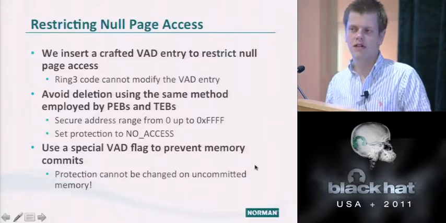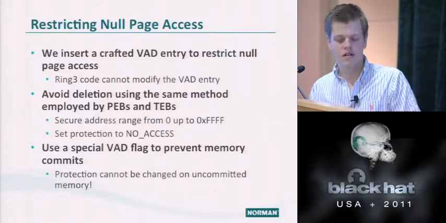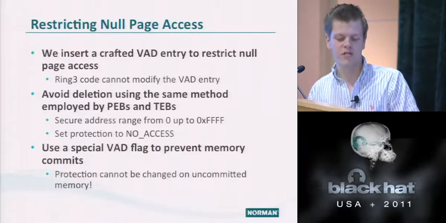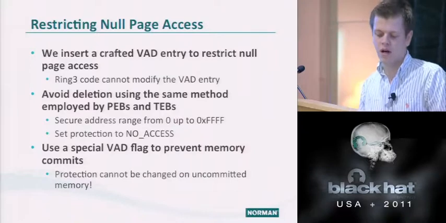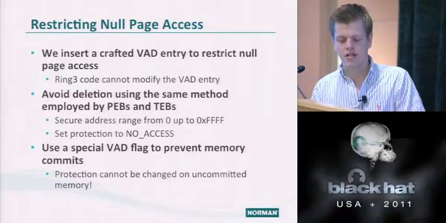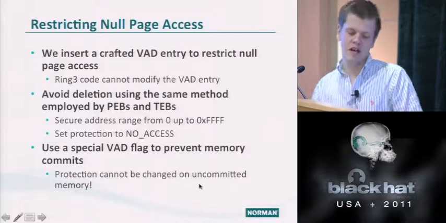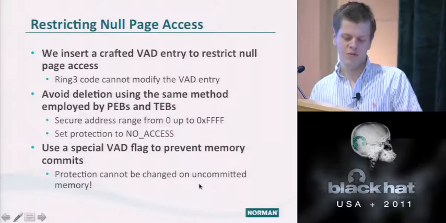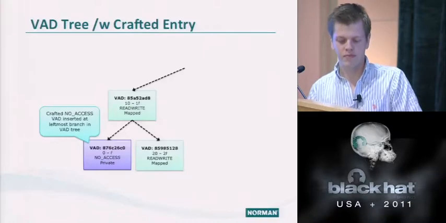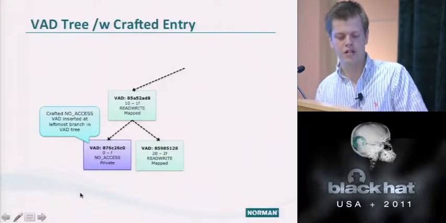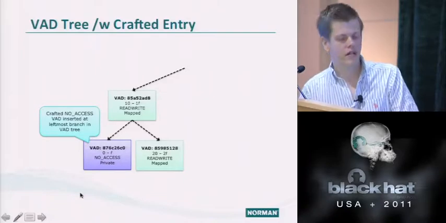This gets us a long way, but there's a fundamental issue: you could still change the protection since you own the VAD. It's process owned. So we use a special flag to prevent memory commits. If the memory is not actually committed, the protection cannot be changed. So we go to the leftmost branch and insert the VAD in the VAD tree.